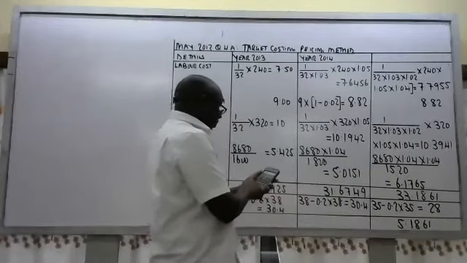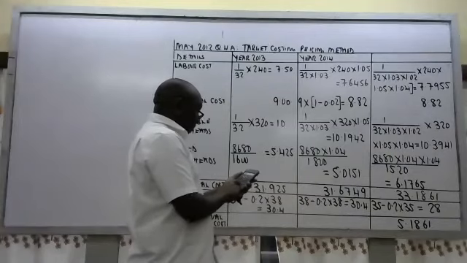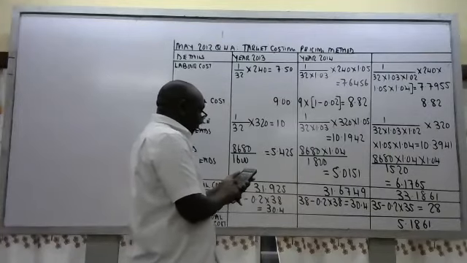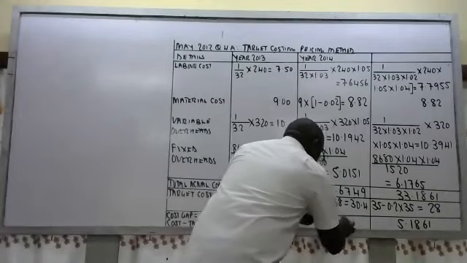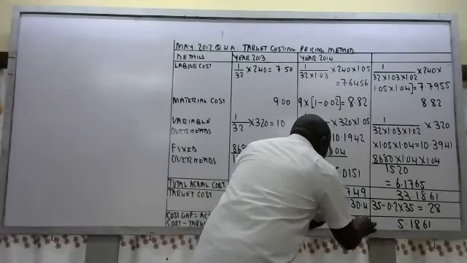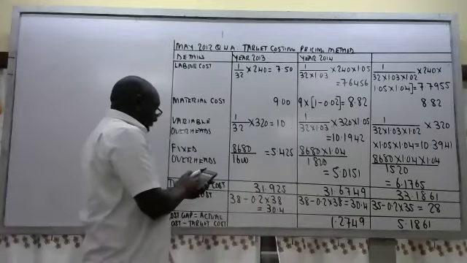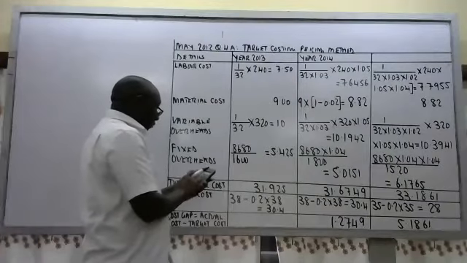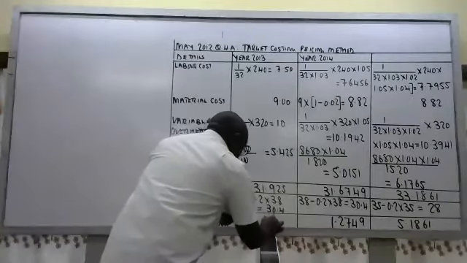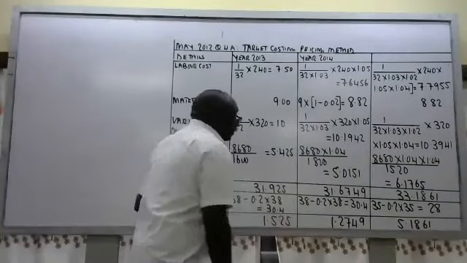That 31.6749 minus 30.4 is 1.2749. And that 31.925 minus 30.4 is 1.525.